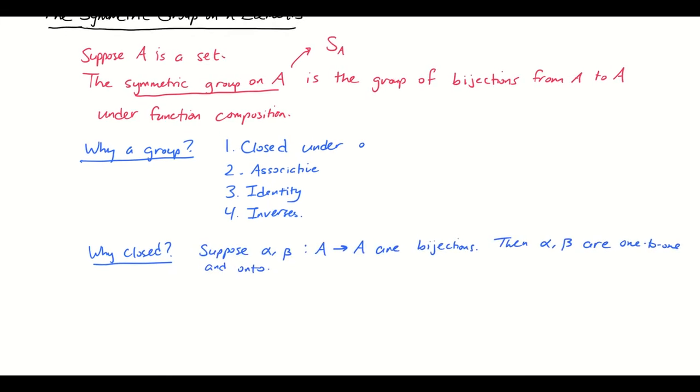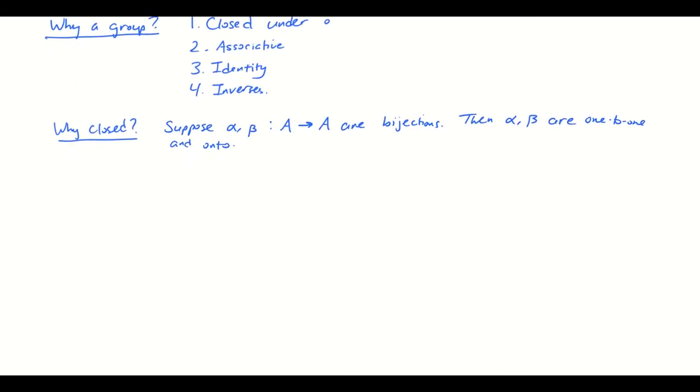All right, so you may remember a theorem from a previous course that if alpha and beta are both 1 to 1, their composition is also 1 to 1. But I'm going to prove that here just for the sake of having a complete proof before us. So to show beta compose alpha is 1 to 1, and I'm writing them that way because, as always, composition means that we perform the function on the right first, then the one on the left.